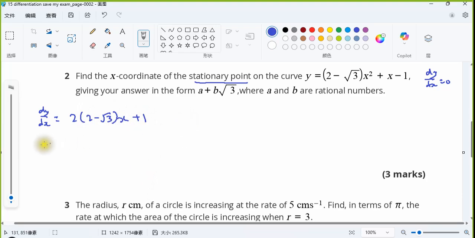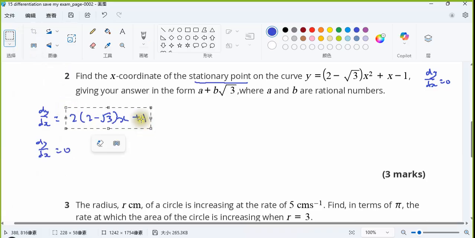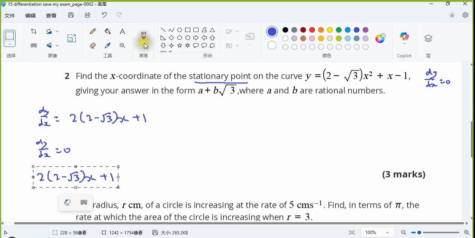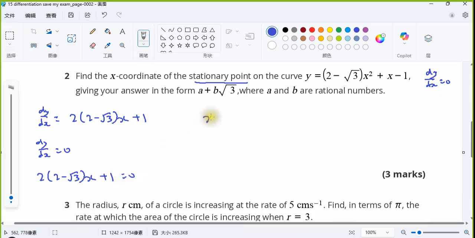So when we have dy/dx equal to 0, then we will have this equal to 0. So x will be negative 1 over 2 times 2 minus square root 3.